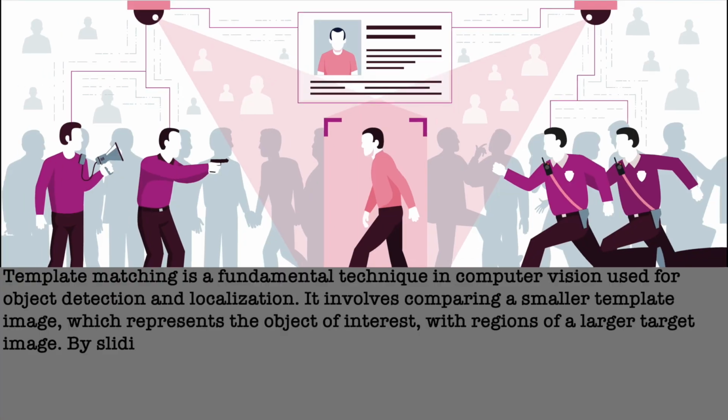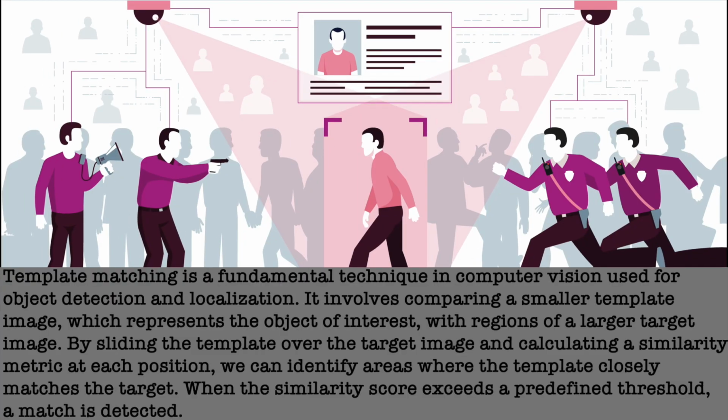Today, let's do a quick recap of the key concepts we covered in our previous lecture on template matching for object detection. Template matching is a fundamental technique in computer vision used for object detection and localization. It involves comparing a small template image, which represents the object of interest or ROI, region of interest, with regions of a larger target image.